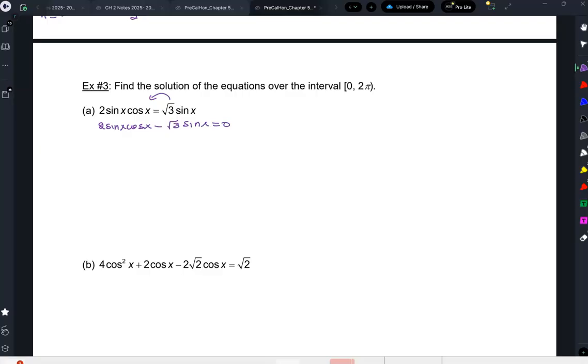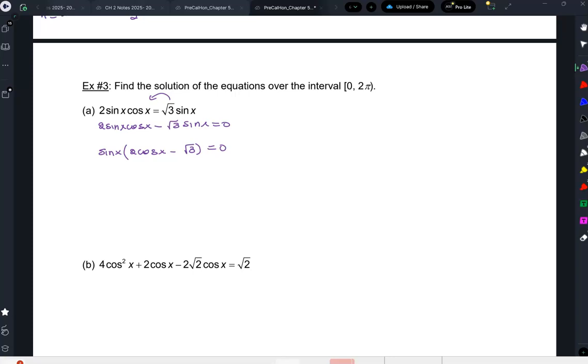Now, question. How many terms are on the left side? If each term is separated by a plus or a minus, there are 2 terms. Is there a common function in the 2 terms? So we're going to factor out a sine x. I get 2 cosine x minus root 3 equal to 0.